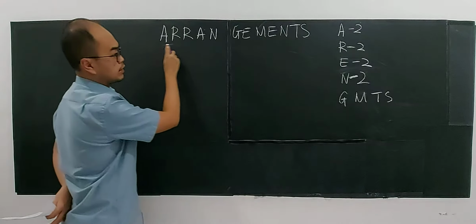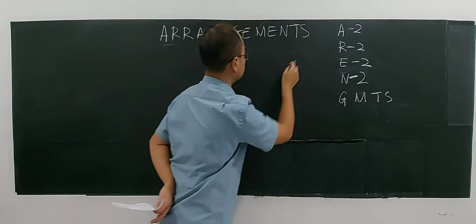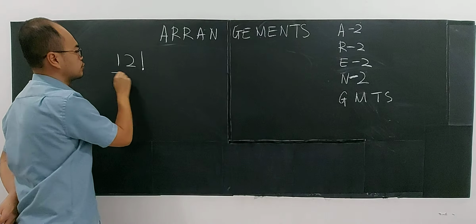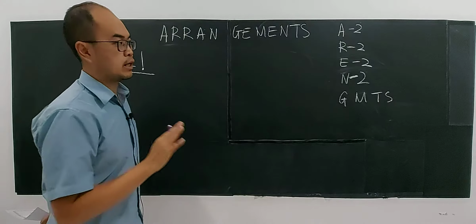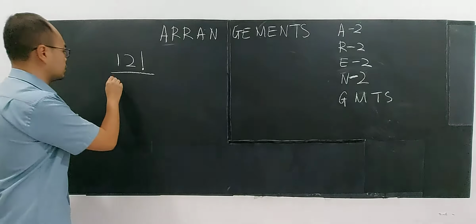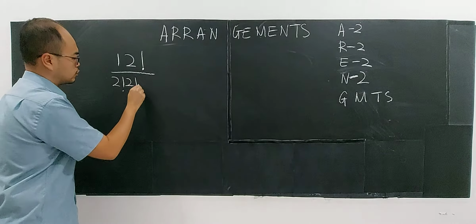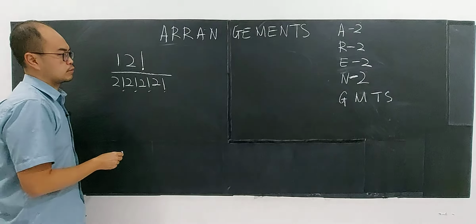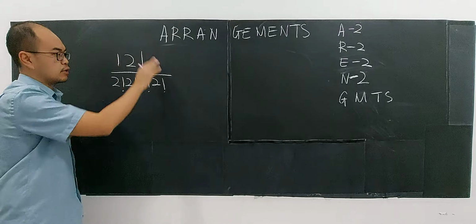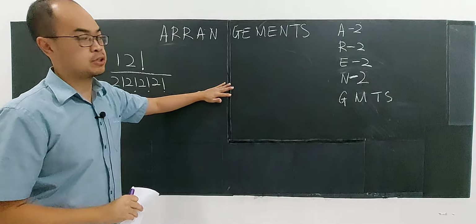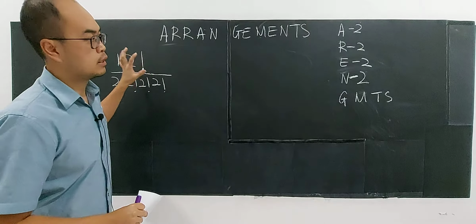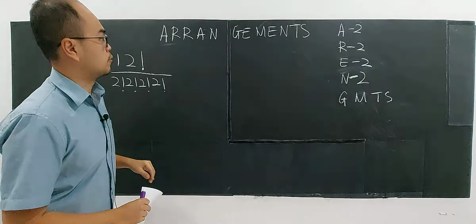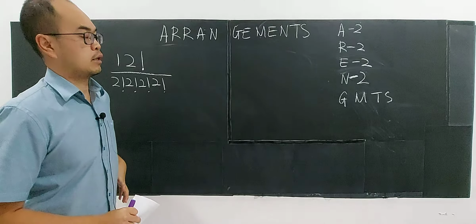So usually you have how many letters here? You have 4 plus 8, you have 12 factorial. If I arrange everything without condition, it will be divided by 2 factorial, 2 factorial, 2 factorial, 2 factorial. This is all the arrangements without condition, the largest possibility, where you can arrange all the letters here without condition.